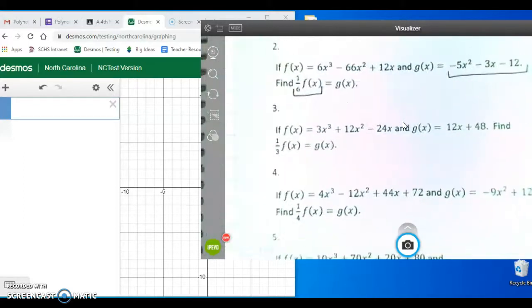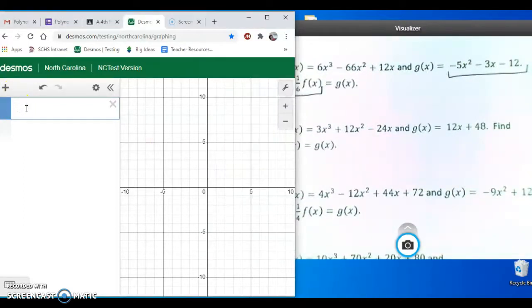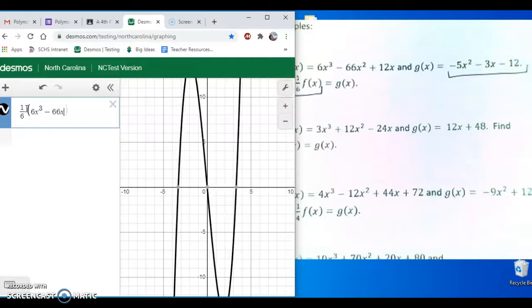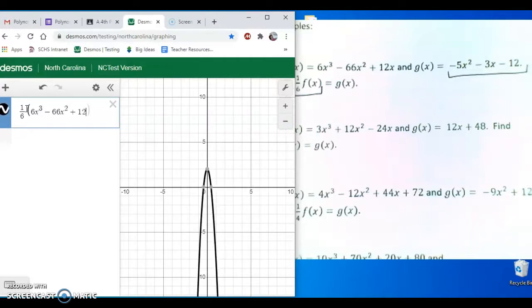I'm going to move it over just a little bit so you can see it when I start typing. So you're going to put 1/6, and then a parenthesis because you're going to put what f of x is in there. Okay, and then you're also going to put g of x as another thing.